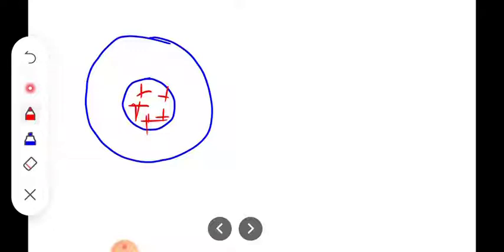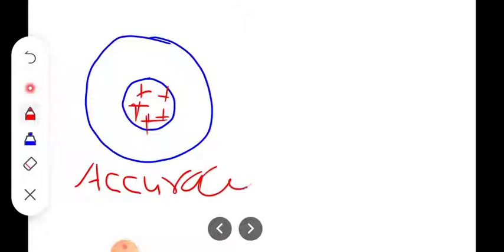In that case we may call it high accuracy. Accuracy will be high, meaning the maximum number of arrows by the archer are targeted in the bull's eye. That central circle is known as the bull's eye.